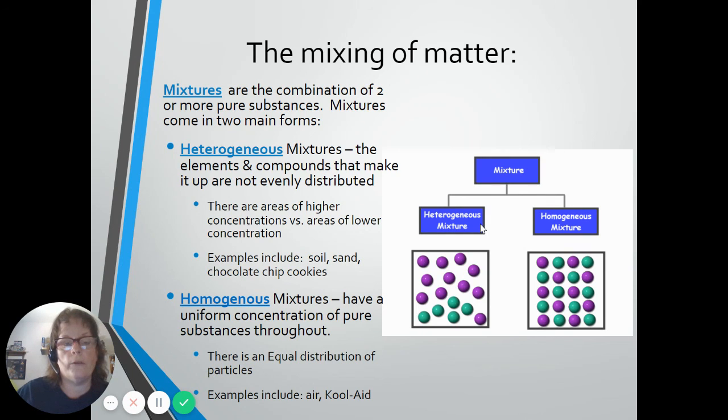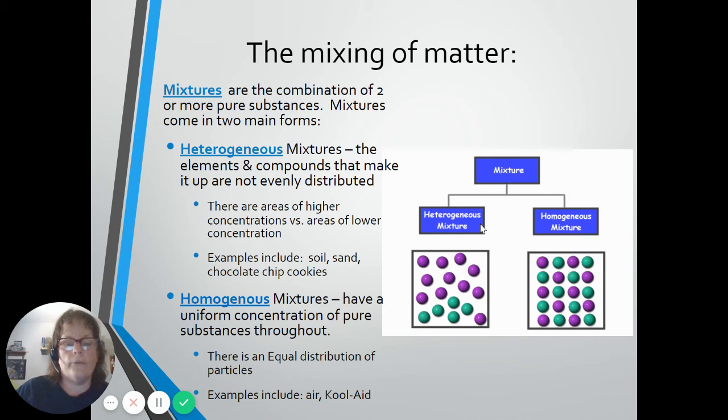So heterogeneous mixtures are the ones that have elements and compounds that make them up, and they're not evenly distributed in the mixture. There can be areas of higher concentration versus areas of lower concentration.